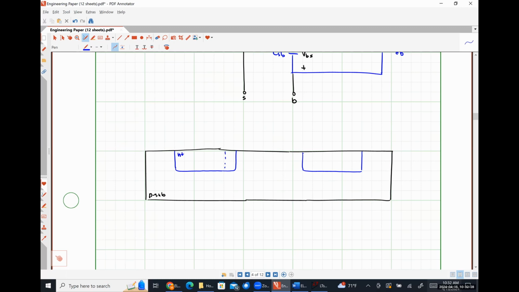Here's an N plus region that will be our source, but it could just as easily be our drain because of the way that these are constructed.